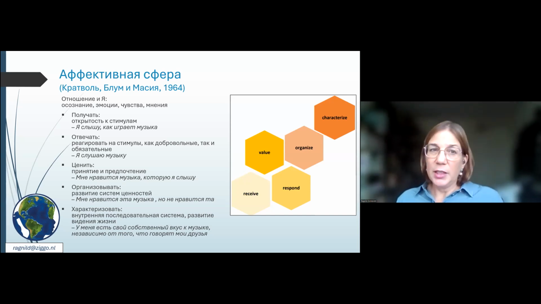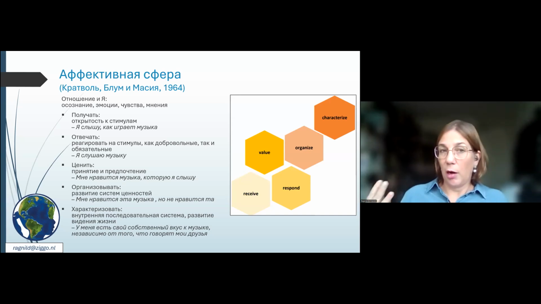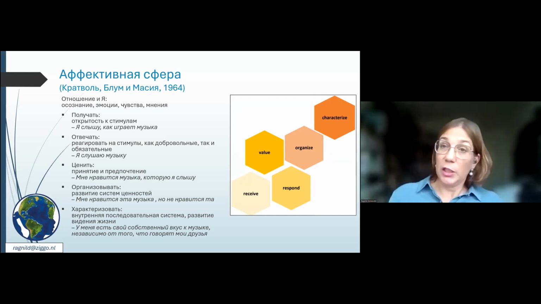The first stage is receiving of stimuli. So are you open to stimuli, and are you receiving the stimuli that you should? And it's not only stimuli, you could also say, are you open to some subject of a lesson?